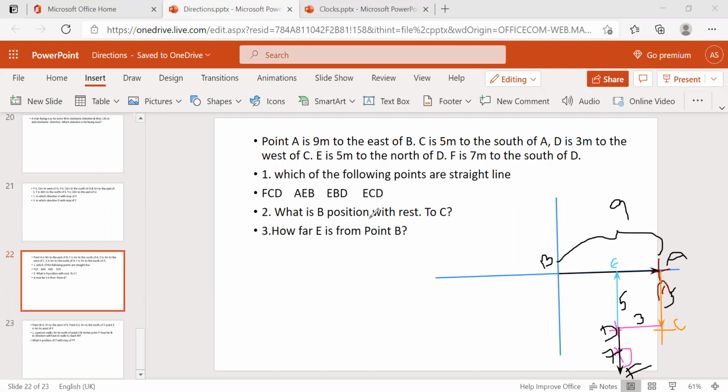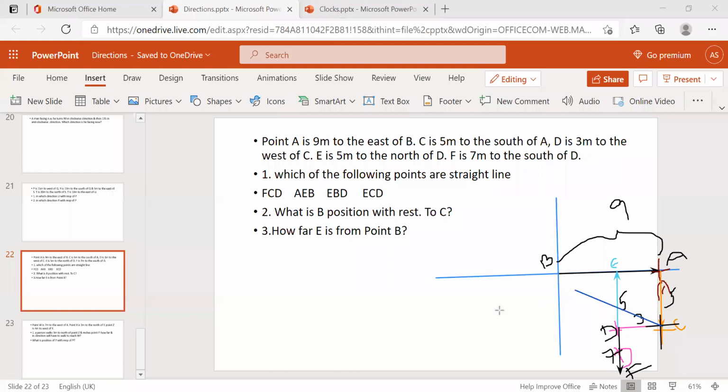What is the B position with respect to C? With respect to C, you need to draw the small diagram first for better understanding. C is here, so this is not east, west or south. And B is from here.